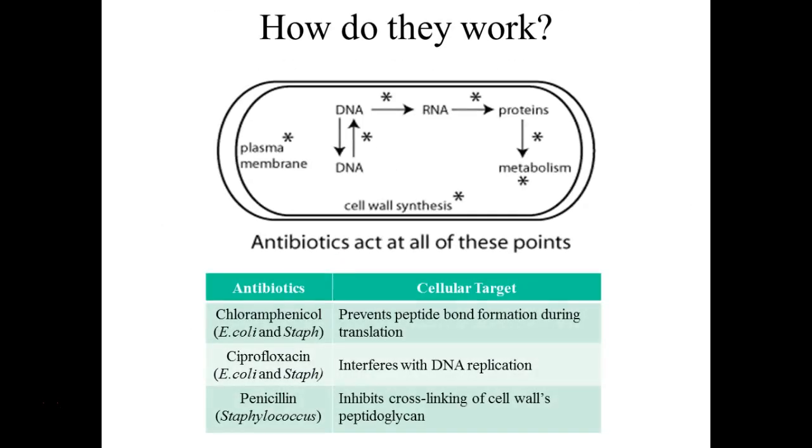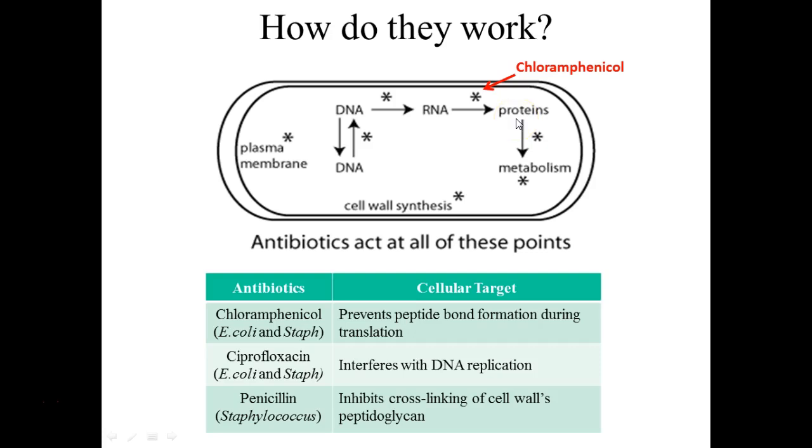So how do they work? And they work differently depending on the antibiotic. So, for instance, chloramphenicol interferes with going from RNA to protein. So it interferes with ribosomes, with their ability to translate the information in RNA into proteins.